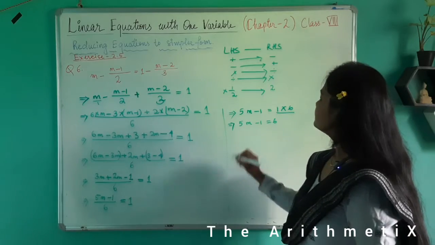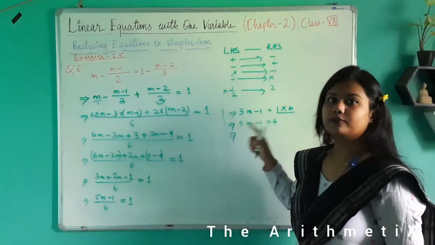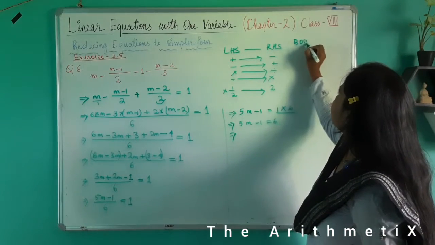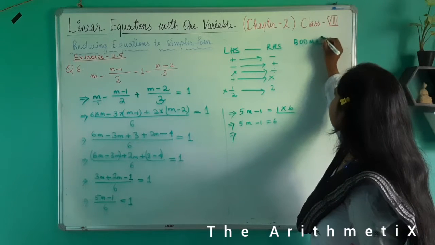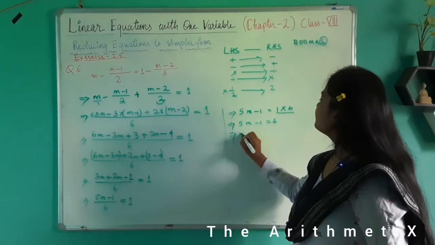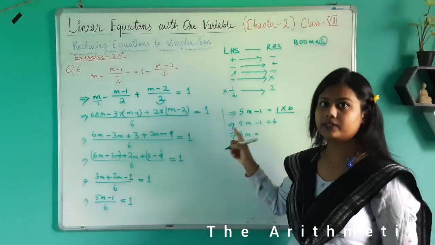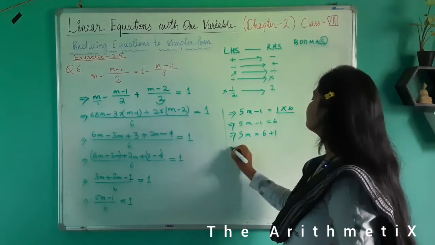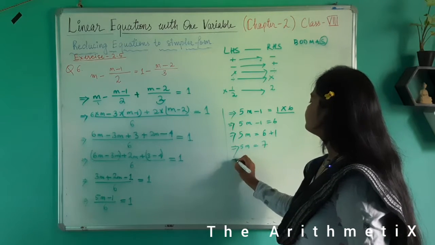Solve it in the next step. अब क्या रिमूव होगा यहाँ से? 1 होगा, सब्ट्रैक्शन हुआ है। हमको बॉडमास रूल याद रखना था। पहले सब्ट्रैक्शन आता है तो सब्ट्रैक्शन निकालना है. 5m equal to, it is negative here and will be positive in the right hand side. So 6 plus 1.